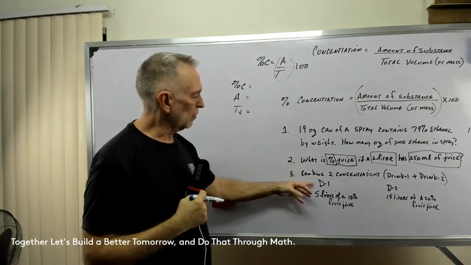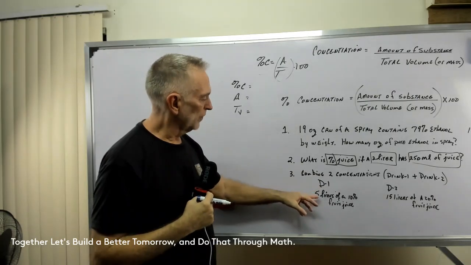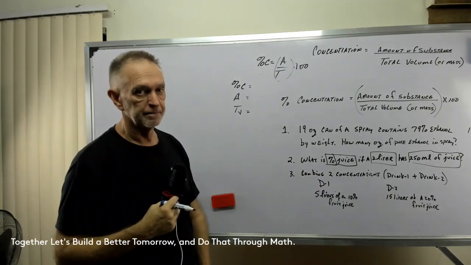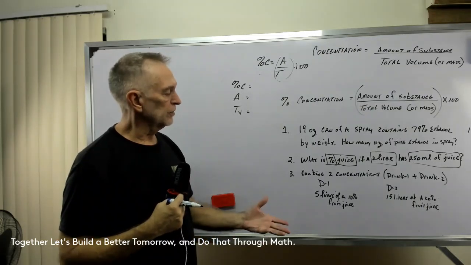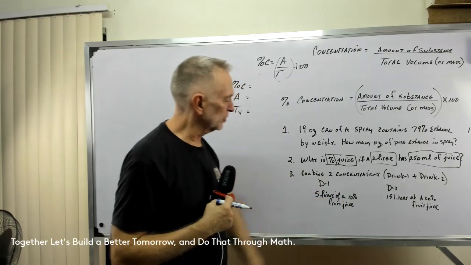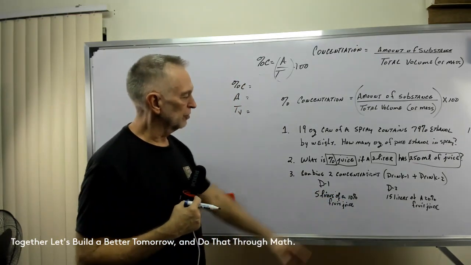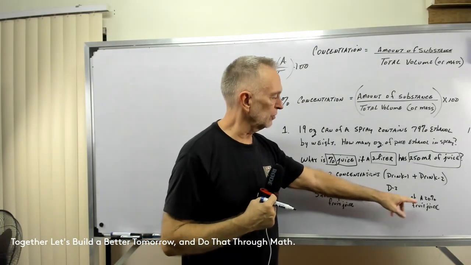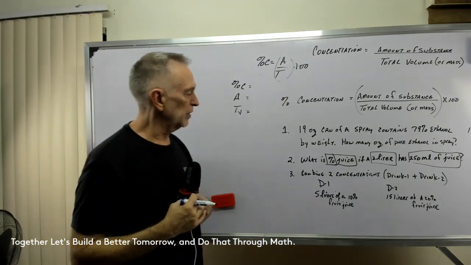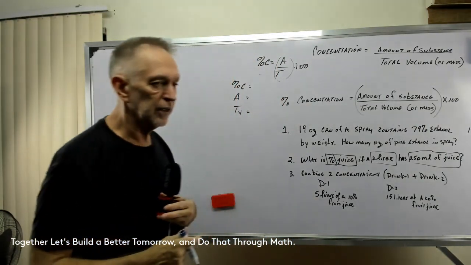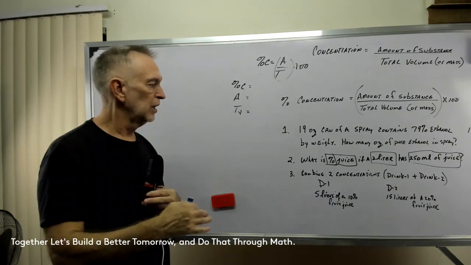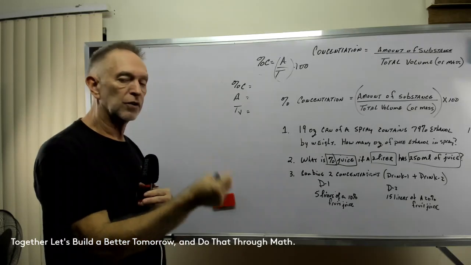Now in drink 1, I'm calling it D1, there's 5 liters of a 10% fruit juice. 5 liters of 10%, the percent concentration is 10% fruit juice. Drink 2 has 15 liters of a 20% fruit juice. So the question becomes, combine the 2 together and tell us what the overall concentration of fruit juice is after combining them.